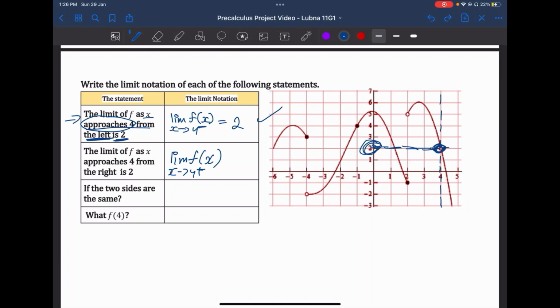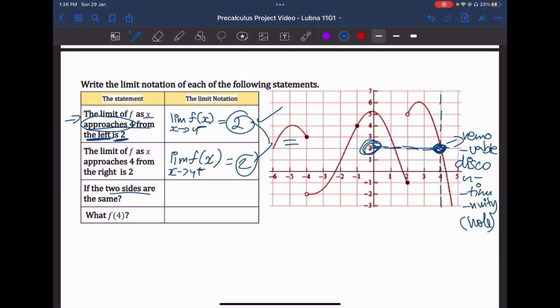Since this is a removable discontinuity or hole, it exists, meaning the limit exists because both of the values are equal to each other. 2 is equal to 2. So if the two sides are the same, then the limit of f as x approaches 4 is equal to 2 and it exists. But we don't write plus or minus when we write as x approaches 4 because we're talking about both sides, left and right.